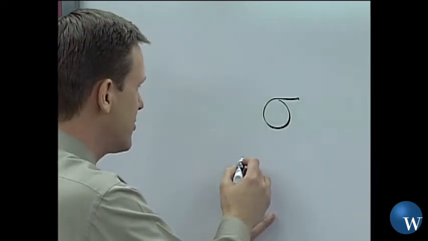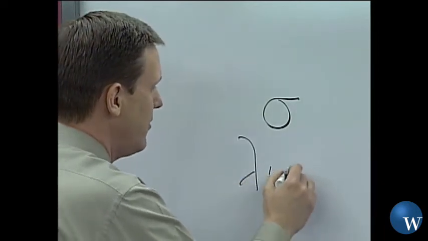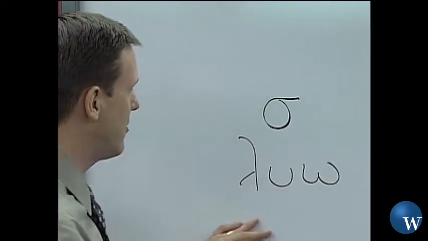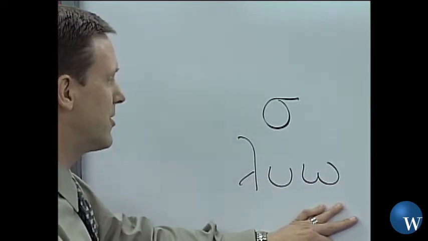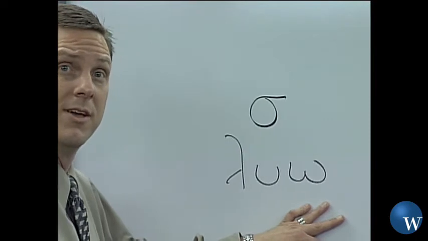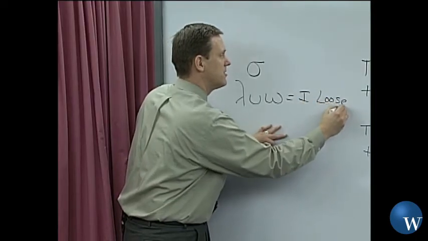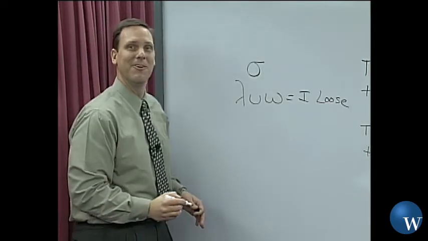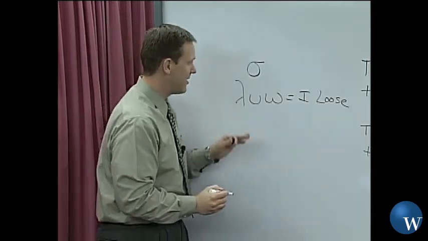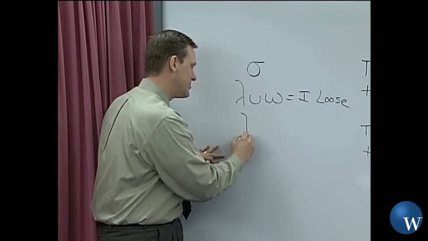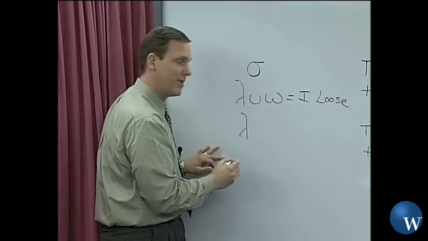Let me illustrate for you. If you were to pronounce that Greek word, that would be the Greek word luo, and luo means I loose. We'll talk about why we know that a little later on. But for now, let's illustrate what we're talking about with our morpheme sigma.